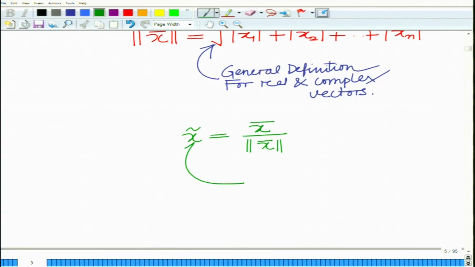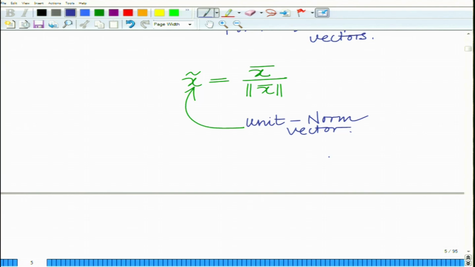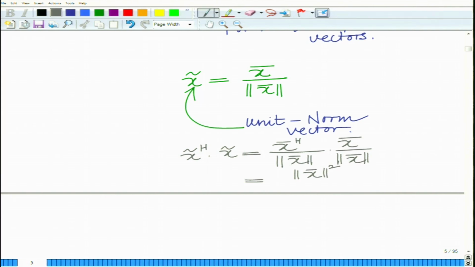You can show this very easily: x tilde Hermitian x tilde is x bar Hermitian divided by norm x bar, times x bar divided by norm x bar, which is norm x bar square divided by norm x bar square, which is 1.